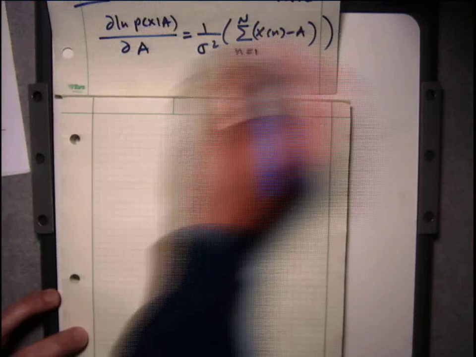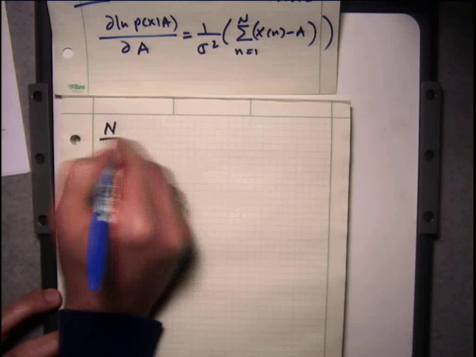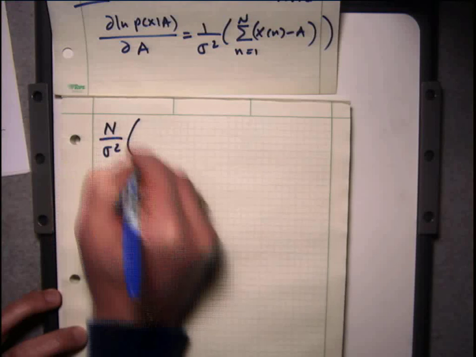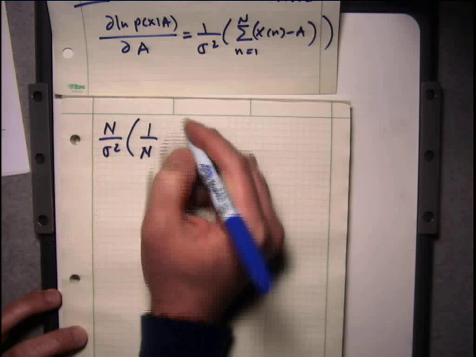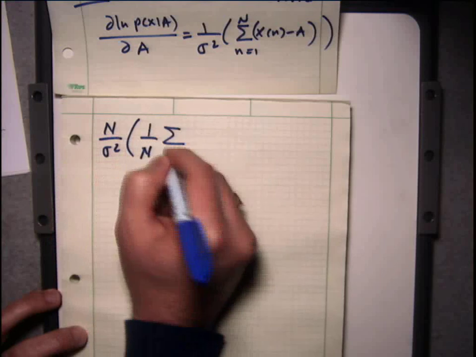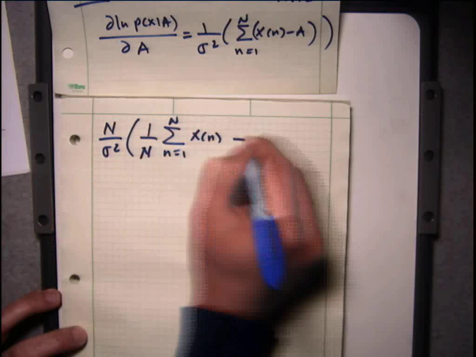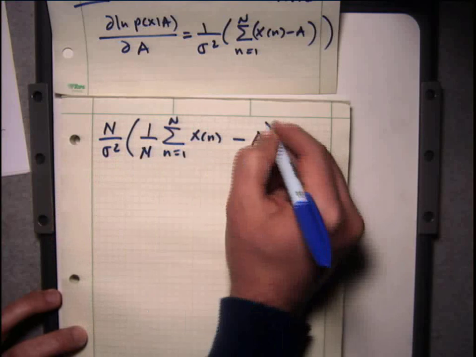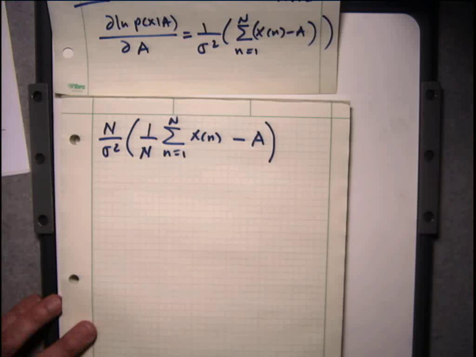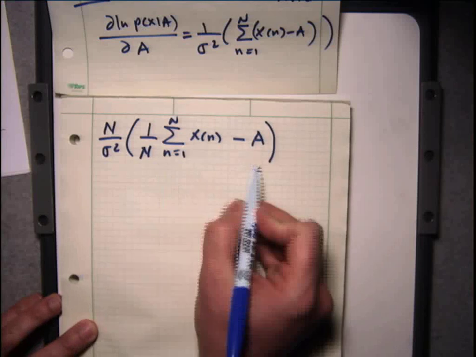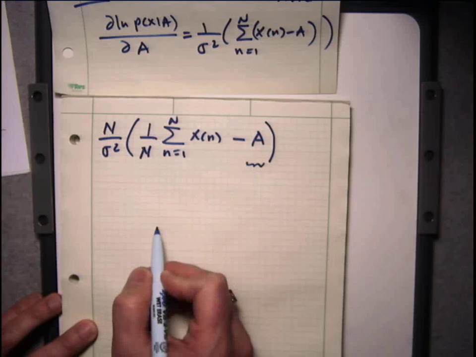So I'm going to rewrite this as N over sigma squared times 1 over N sum n equals 1 to N of x of n minus A. Okay? So now if you look at this, I've isolated the parameter here by itself. That's theta.